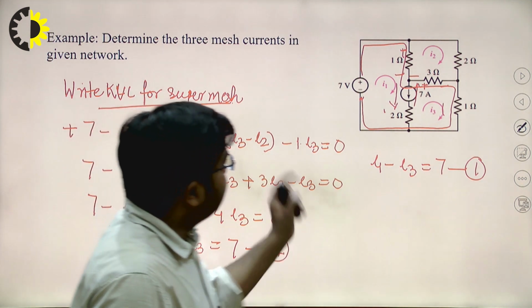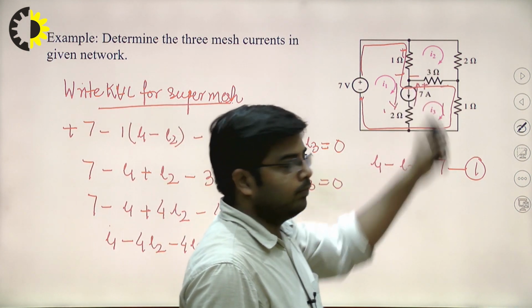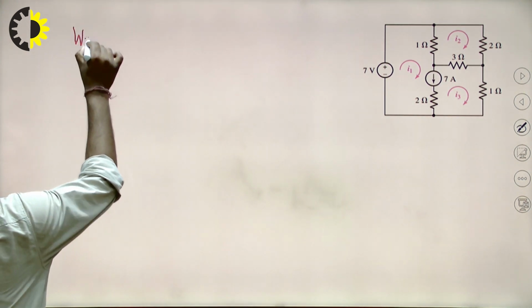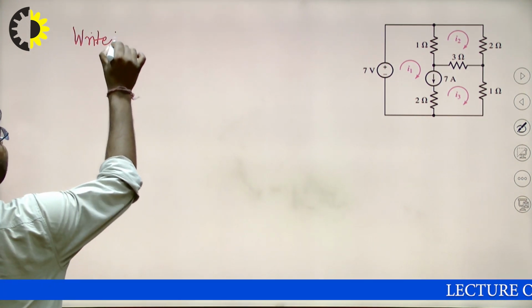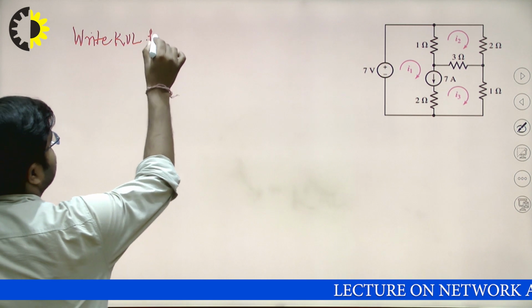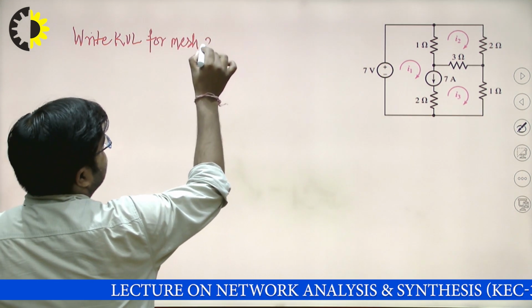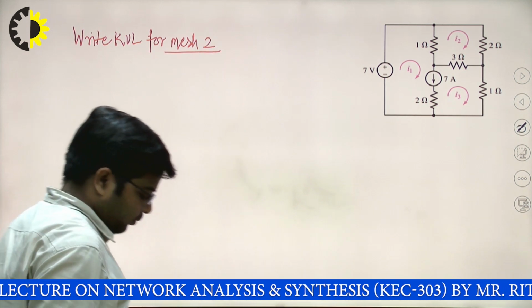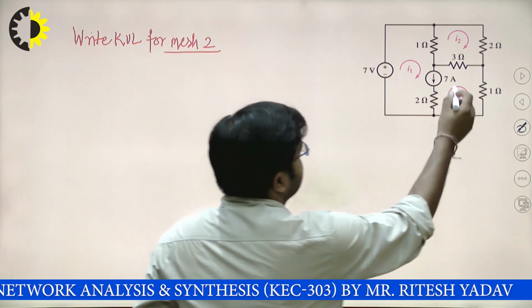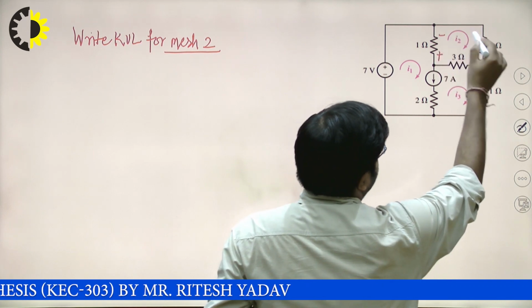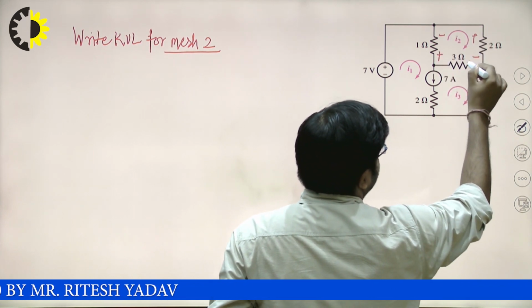Now write the KVL for mesh number 2. In this direction you can write the KVL, plus minus plus minus plus minus.